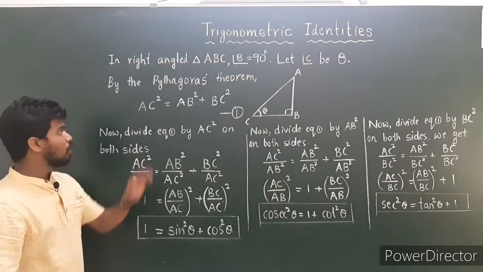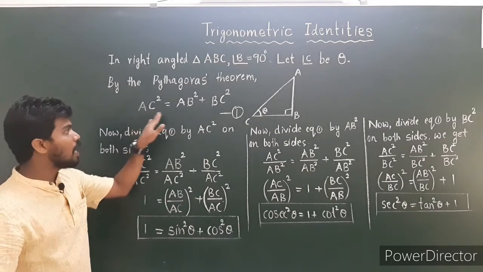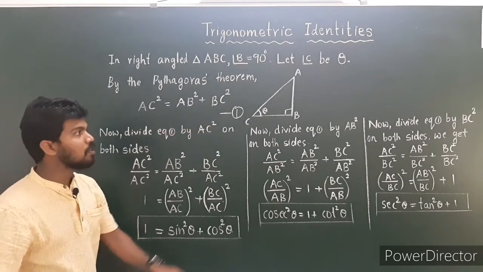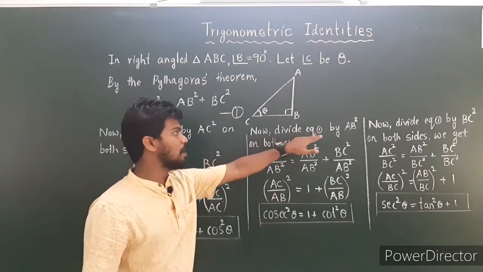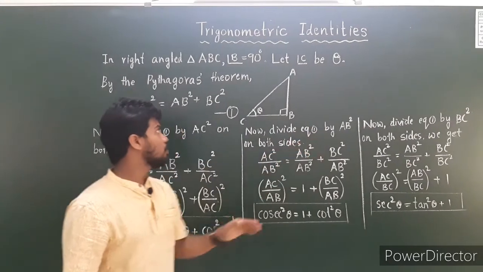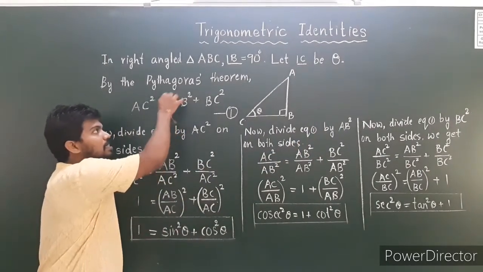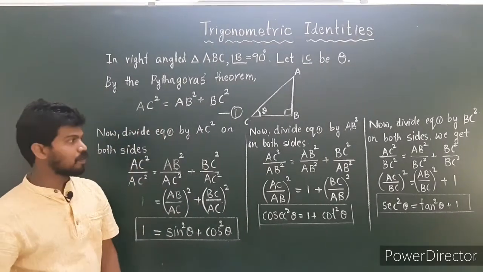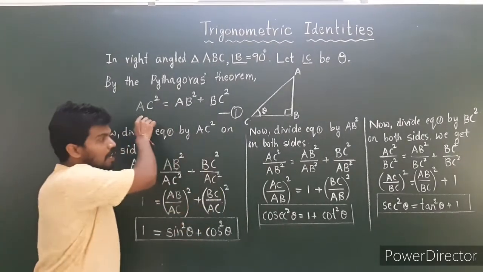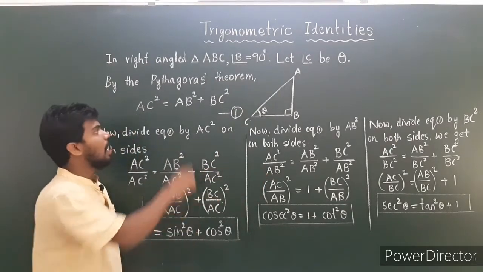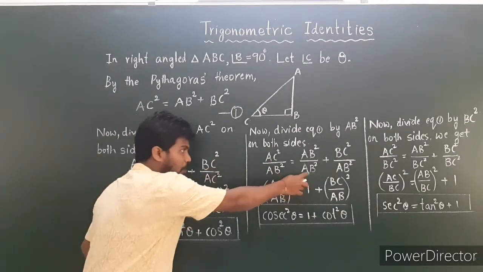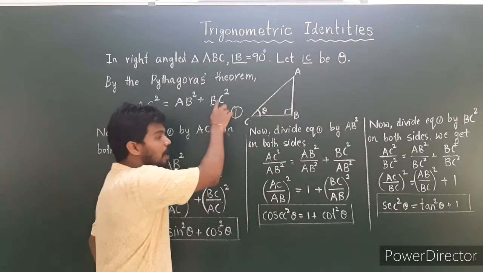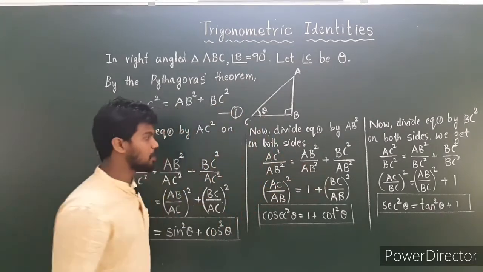Now we go through the same equation one more time. Divide equation 1 by AB square on both sides of the equation. So AC square divided by AB square equals AB square divided by AB square plus BC square divided by AB square.